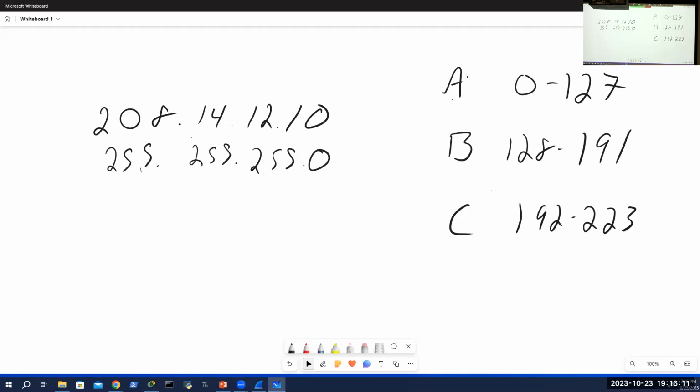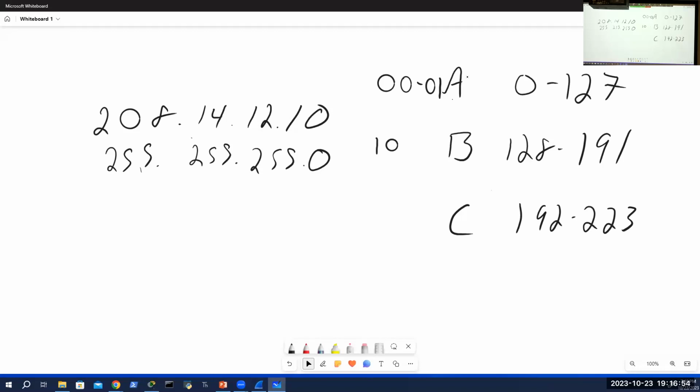So in a class A, the first 3 bits are always, well, let's look at the first, we don't really care so much about the third one. It's going to be 0, 0 through 0. Okay, and a class B, the first 3 bits will be a 1, 0. Or, yeah, it's really the first bit or the first 2 bits.